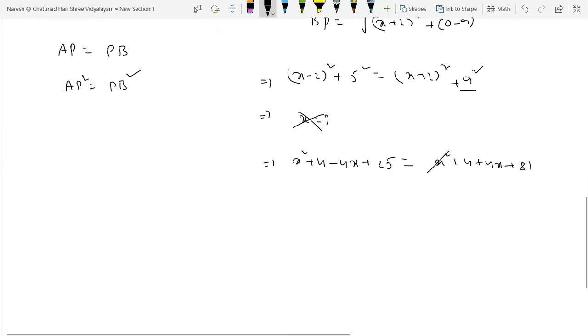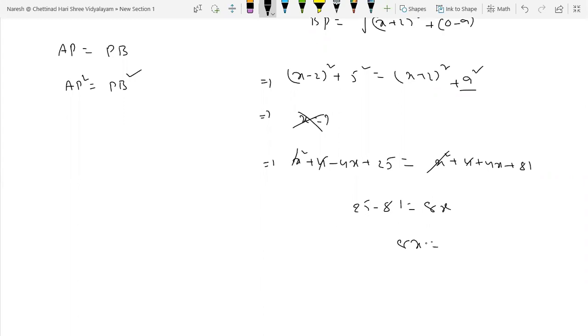So x square and 4 cancel, and taking 25 minus 81, it is equal to 8x. So 8x is equal to how much?